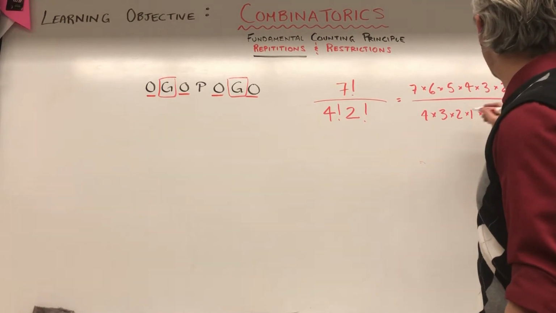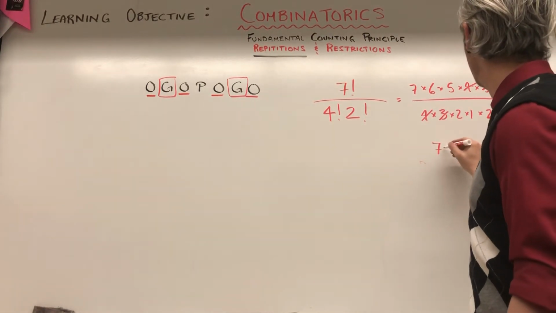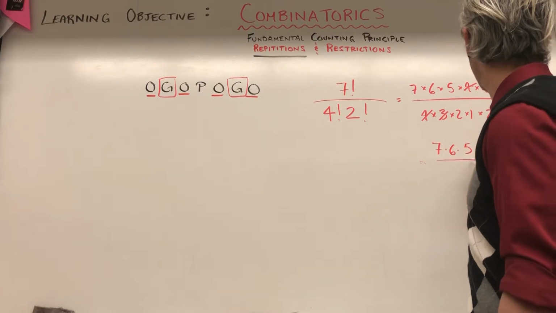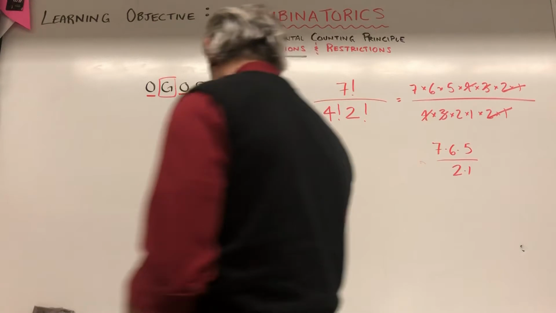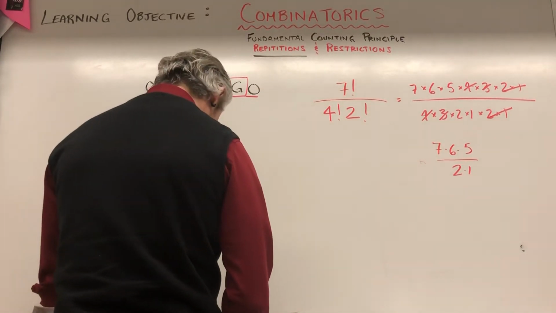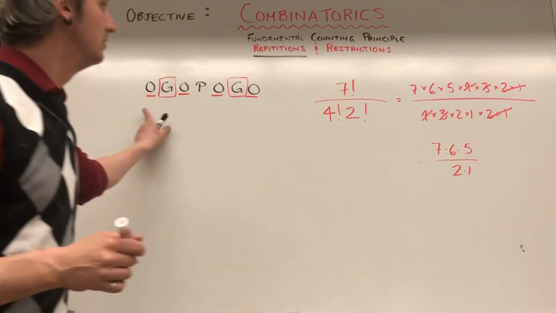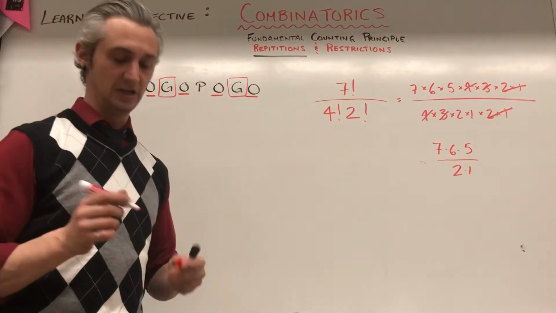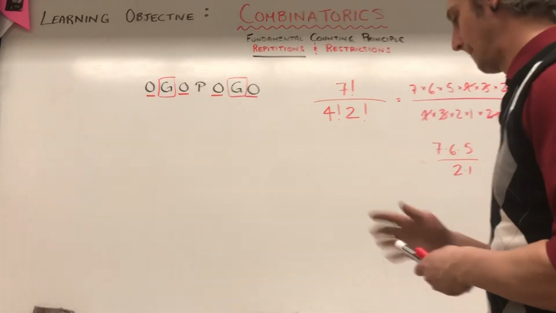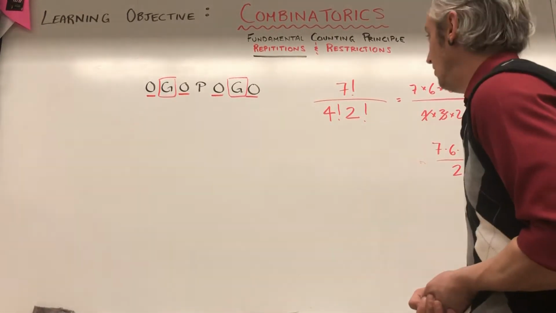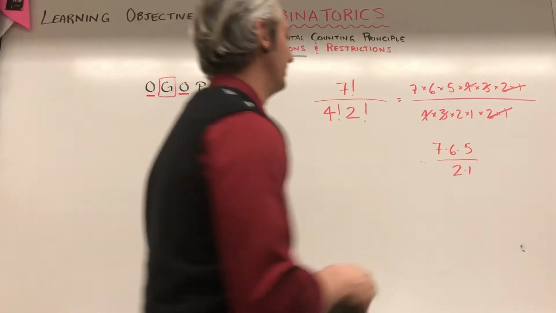This cancels with that, 3 cancels with 3, 4 cancels with 4, and then I get 7 times 6 times 5 divided by 2 times 1. I do the math and I get 105 unique combinations of these letters. So that is repetitions. There's not much more to tell you. I think you'll be able to figure that out.